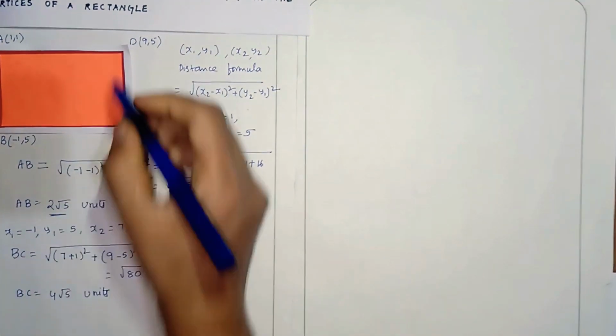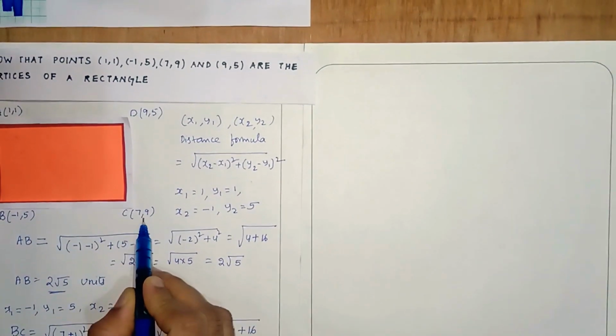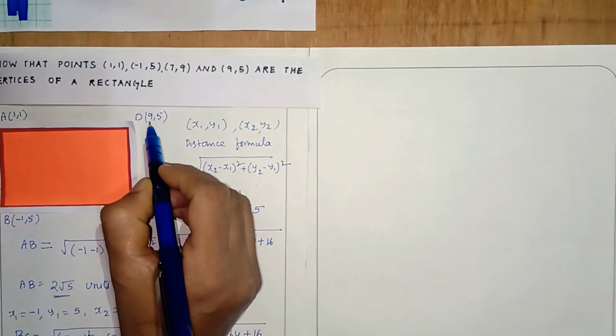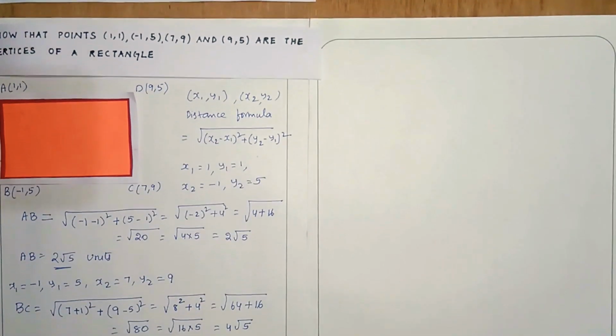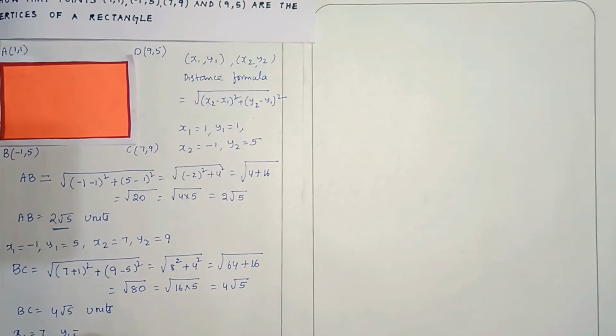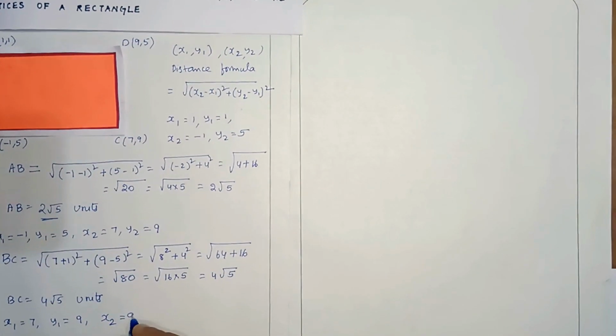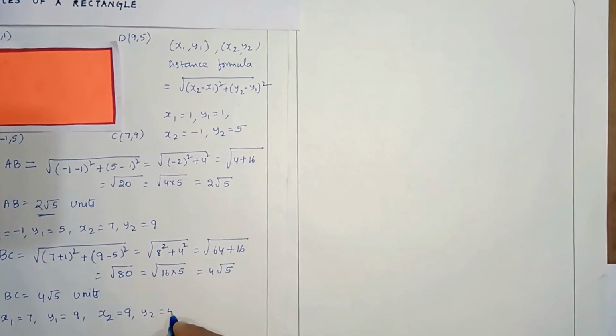Now, to find the length of CD, consider the point C as (x1, y1) and the point D as (x2, y2), where x1 is equal to 7, y1 is 9, x2 equal to 9, y2 equal to 5.